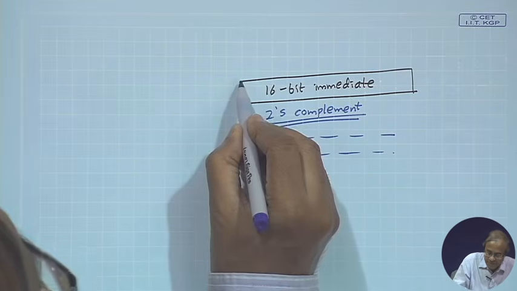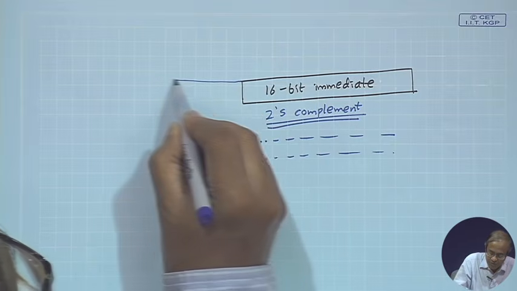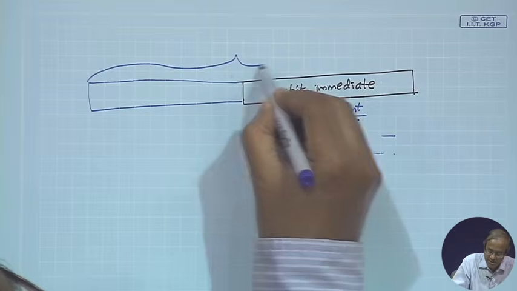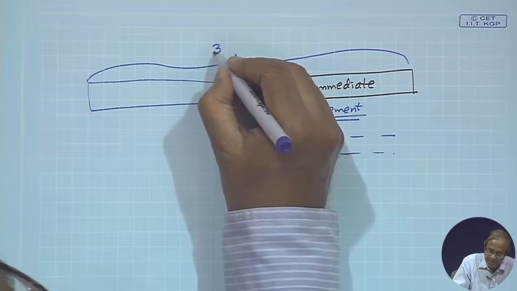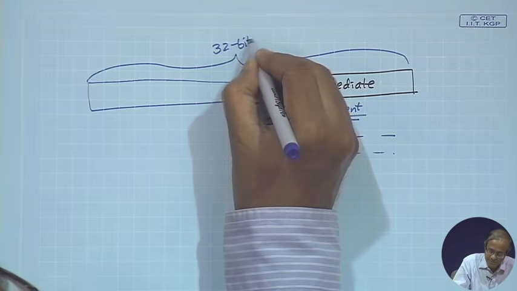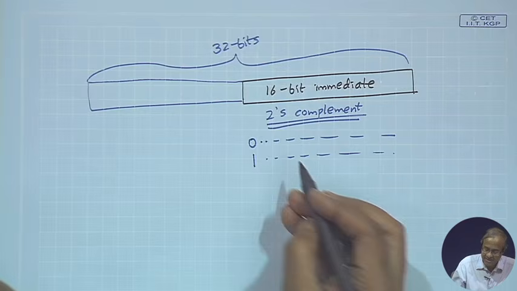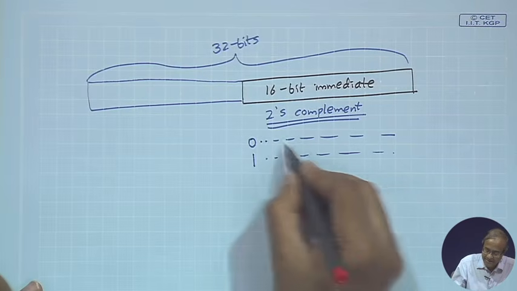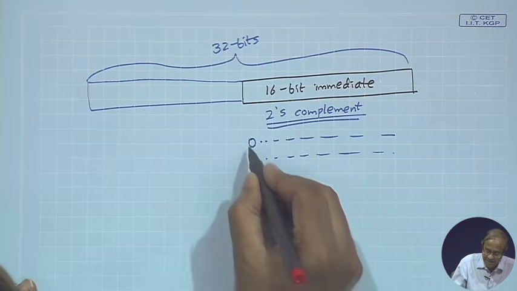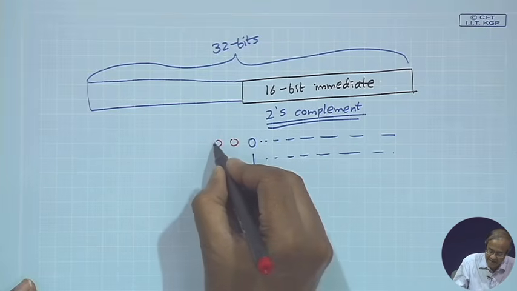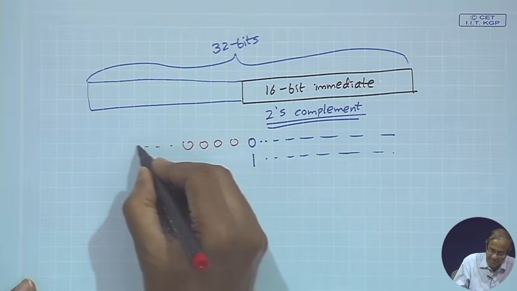Now, sign extension means we want to extend this number to 32 bits. In 2's complement, the rule for sign extension is very easy. Whatever is the sign bit, you replicate that. If the number is positive, just add 16 zeros in the beginning.